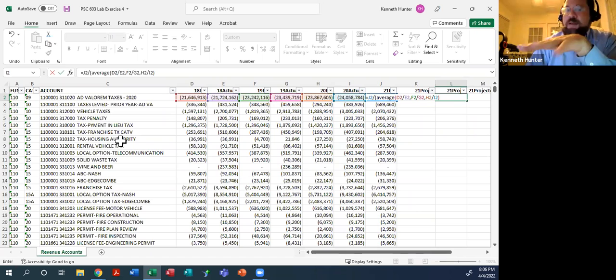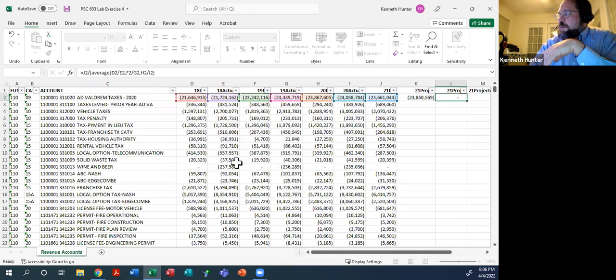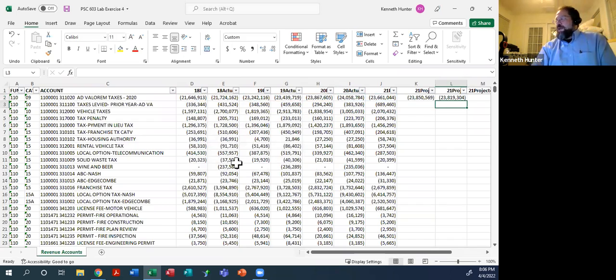I'm kind of rounding it out to find out what the difference would be compared to just looking at one past year or looking at 3 prior years. Click enter. It tells me I made a mistake, which I did because I should have added an extra parentheses. So it caught it. And it comes out a little lower.